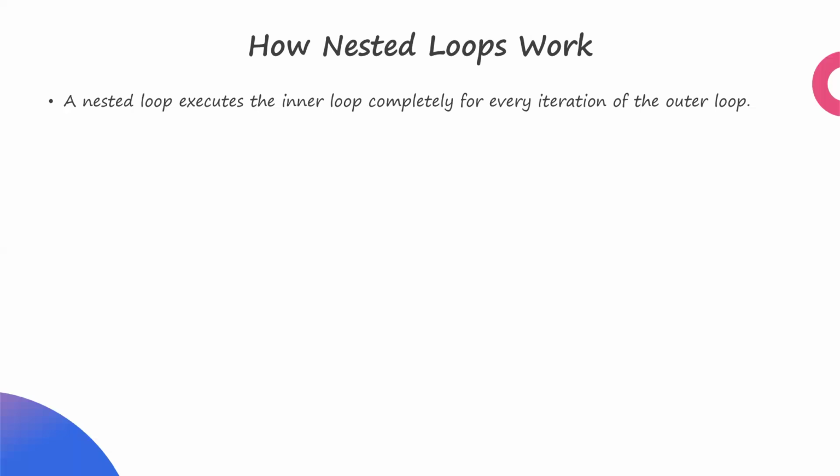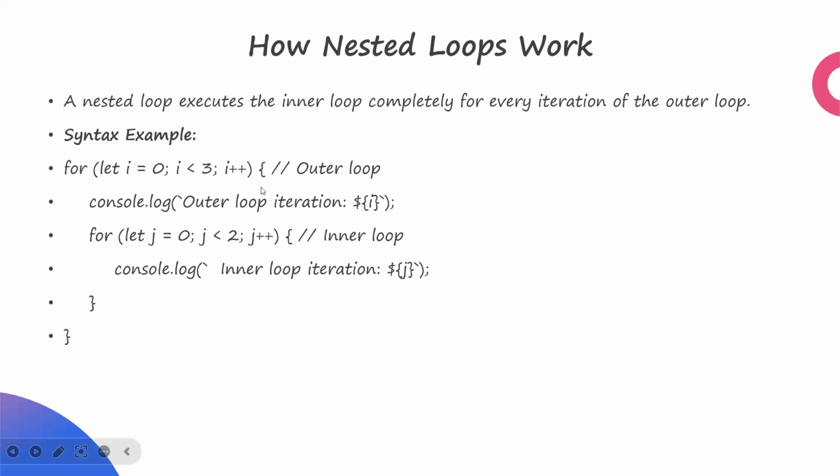It means that for every iteration of the outer loop, the inner loop will run 3 times. So the inner loop will complete all of its iterations for each iteration of the outer loop. I'm going to show you exactly how it is. So look at it. In this for loop, we have the inner loop, the first for loop.